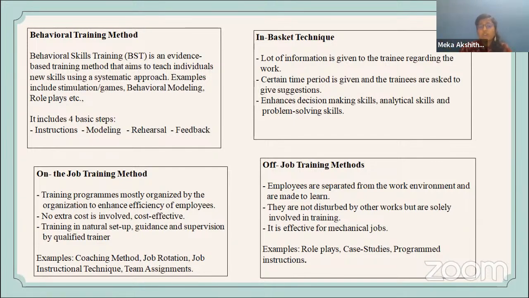Then comes job instructional technique. In this technique, the trainer would be telling the employee what to do and how to do it, step by step, right? How it would be done, what will be done, what is the first step to be taken. After the first step is done, what would be the second step, and from the second step to the third step, how you will be moving, right?